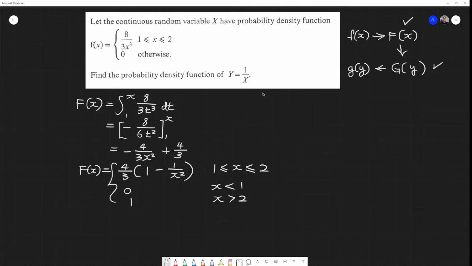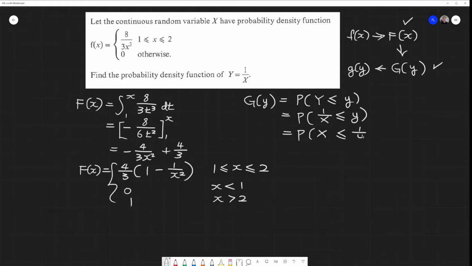Okay, so let's see, we have Gy, which is going to be P of Y less than or equal to small y, and we know what Y is. Y is in fact 1 over X. And then we're going to change that to x, which is 1 over y.